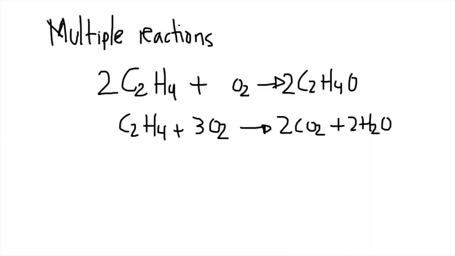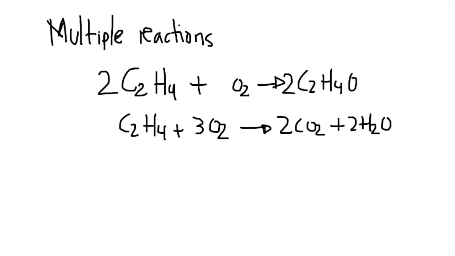And in order to analyze these multiple reactions, let's say that we have two reactions where ethylene is going to be oxidized, and then we can either have ethylene oxide, or we can have carbon dioxide and water.